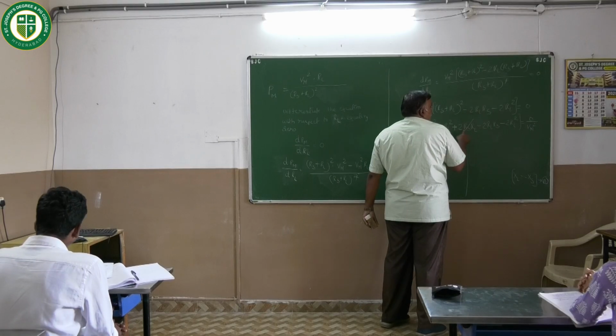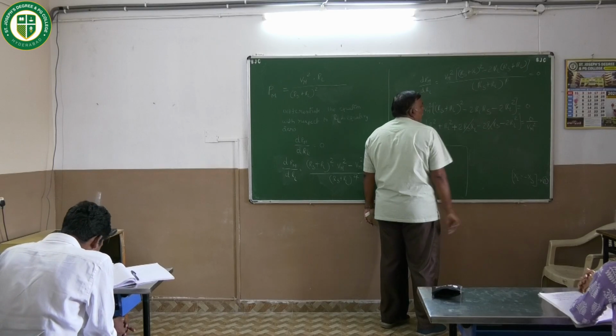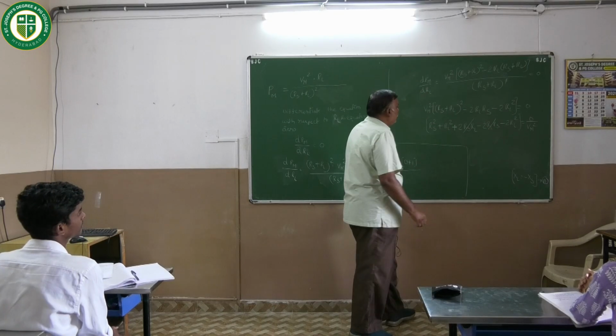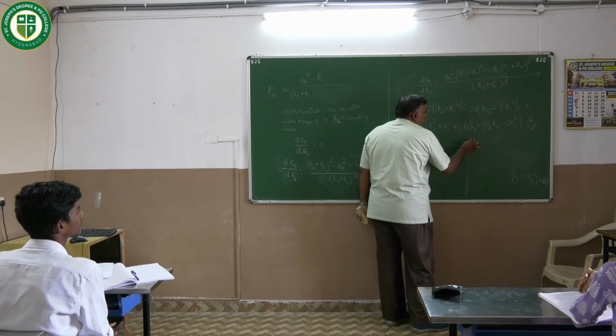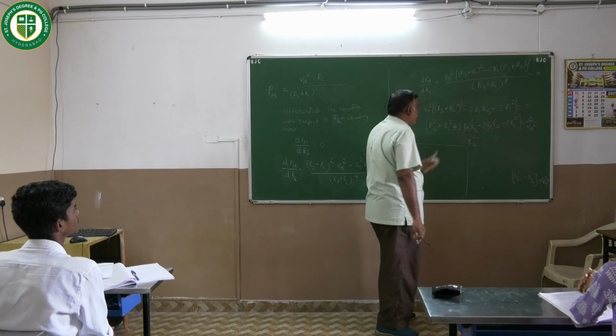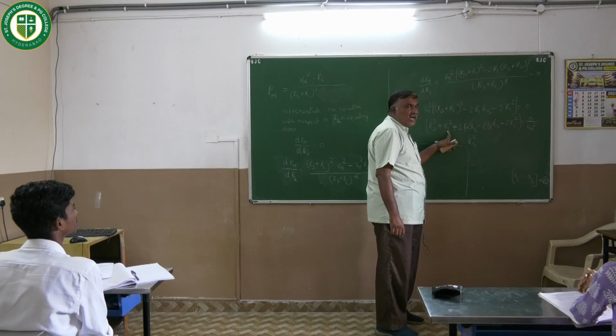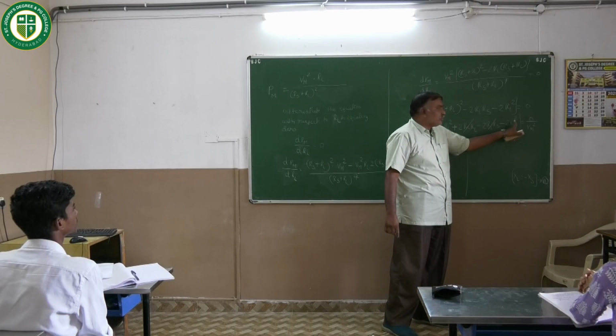2RS into RL and 2RS into RL is going to be cancelled with each other. So then my equation is going to be RS square. Here one term is RL square. Here it is going to be minus 2RL square.